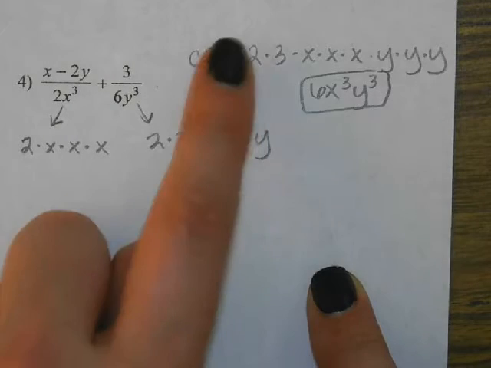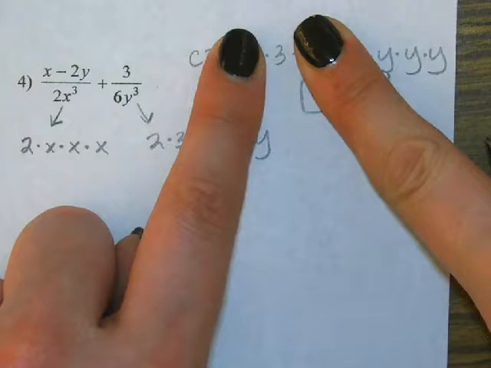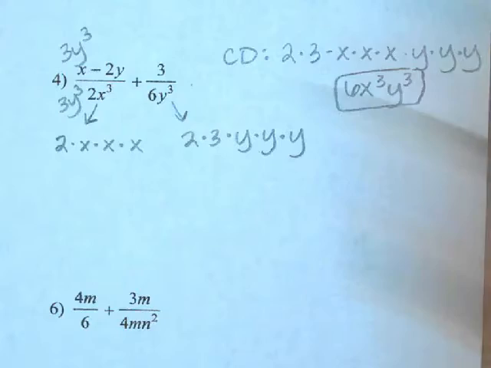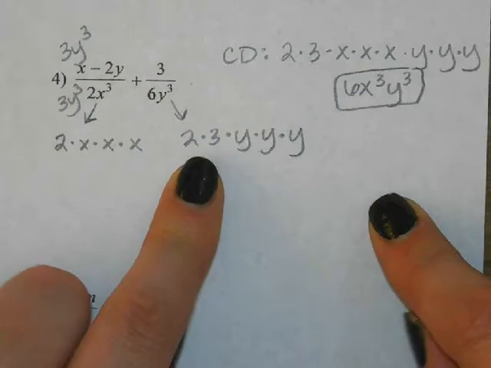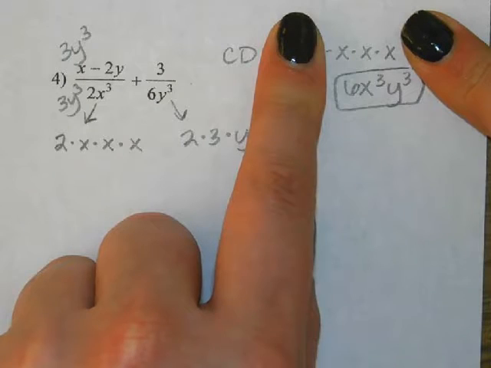So I already have a 2, and I already have an x. So what do I need? 3y, 3y to the third. All right, this one has a 2 and a 3 and a y. So it needs the x to the third.